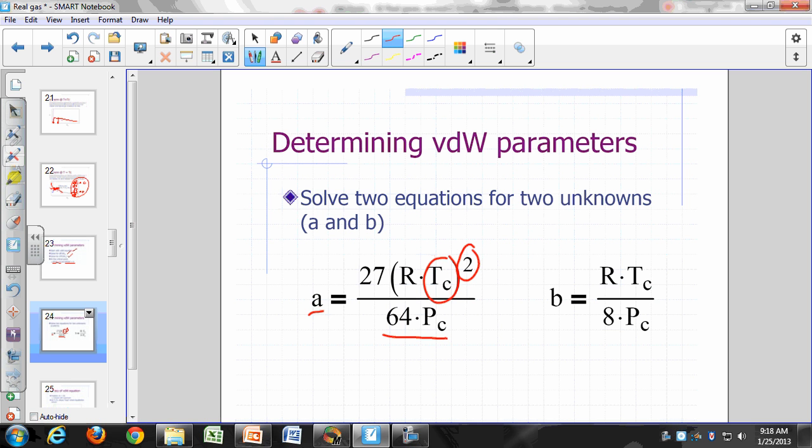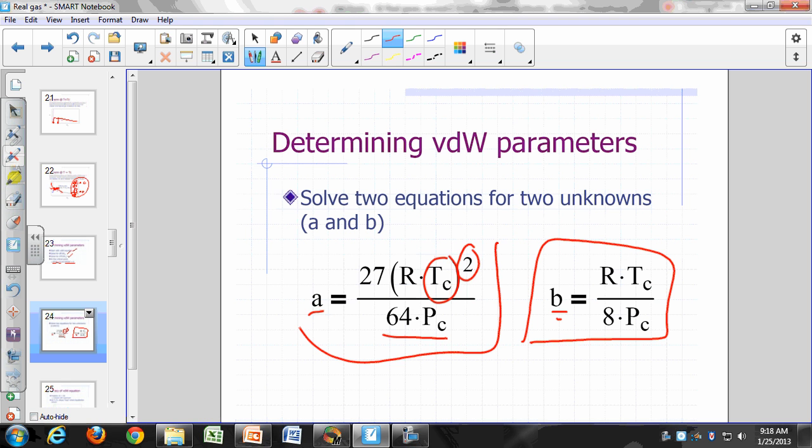So you can derive that. And the van der Waals parameter b is just R times the critical temperature over 8 times the critical pressure. So if you have a table of critical points, you can determine the van der Waals parameters from those. Okay.